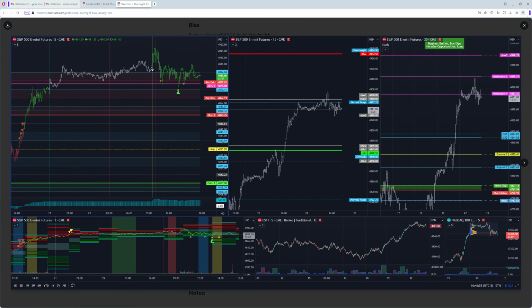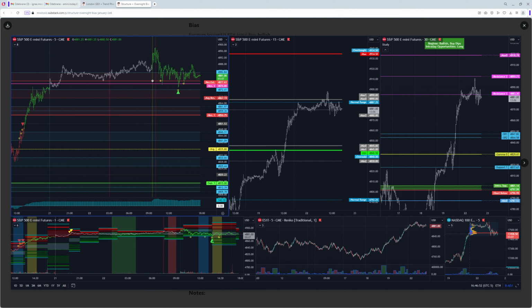Okay, this is the beginning of the session. The first line, that yellowish brownish line here, this is 9:30. You can see the open was here, right? So if you were to have 2 units of risk, where is the closest unit of risk?